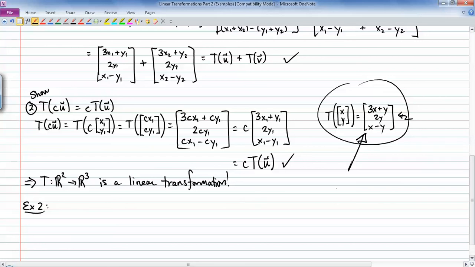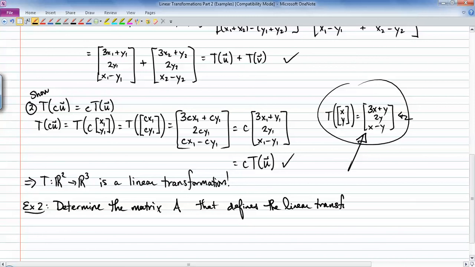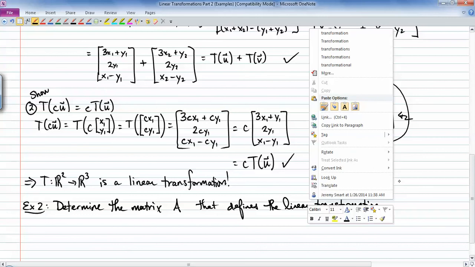So determine the matrix, we'll call it A, that defines the linear transformation.